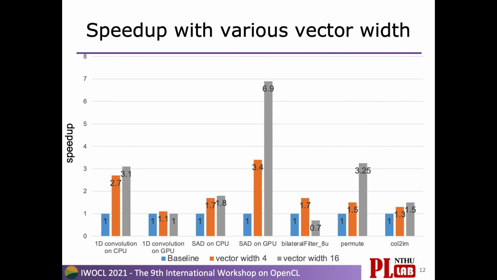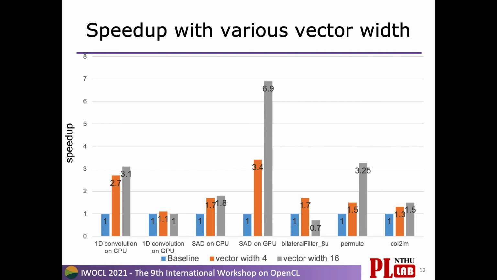This is the speedup with various vector widths. So we benchmark against several kernels: 1D convolution, SAD, bilateral filter, permute, and column to image, some of which are run on both CPU and GPU. SAD stands for the sum of absolute differences, which is used by video encoders.